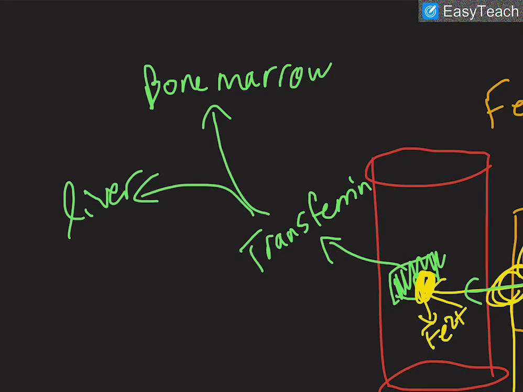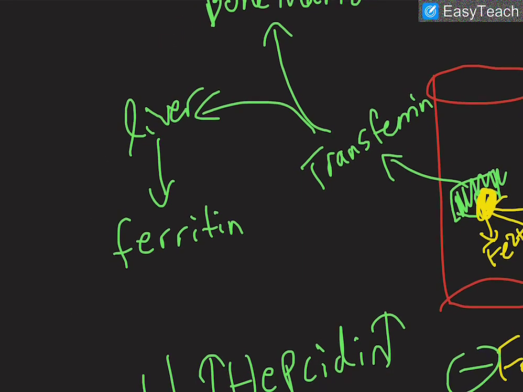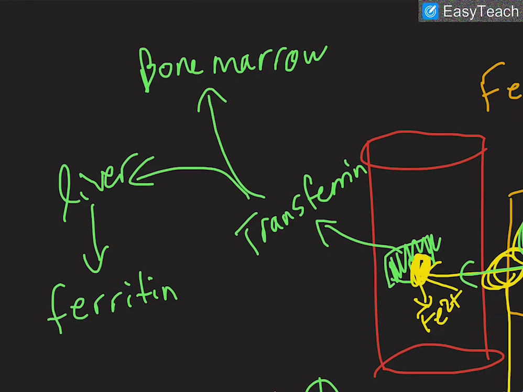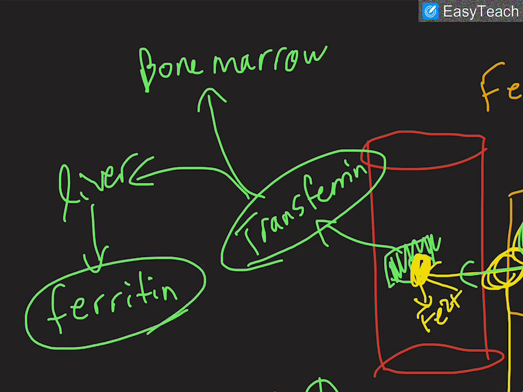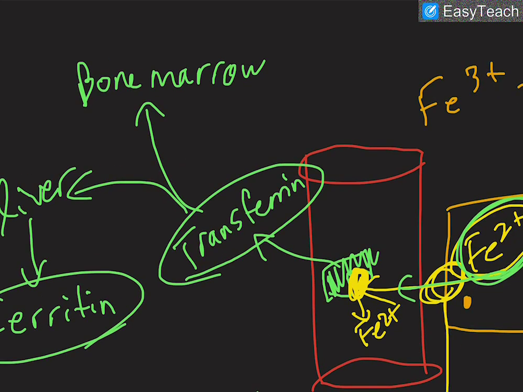Your liver can store iron in the form of ferritin. So ferritin is a storage form of iron. That's important to know. So now we've encountered important proteins like transferrin, the fact that ferritin is a storage form of iron, and the terminology of serum iron, the amount of iron in your bloodstream.